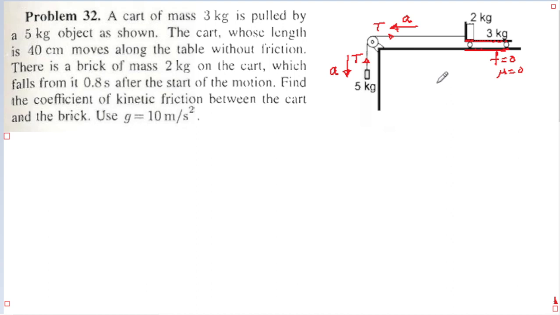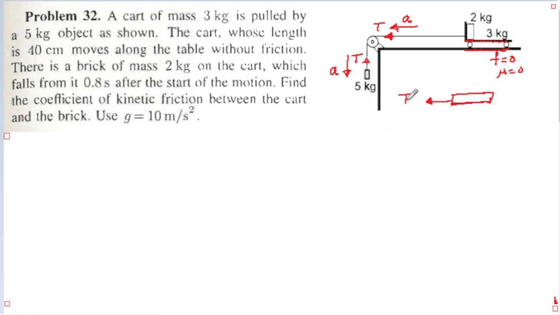So if we first draw the surface of the cart, then this is the surface of the cart, and the tension is acting in this direction, pulling the cart in the leftward direction.